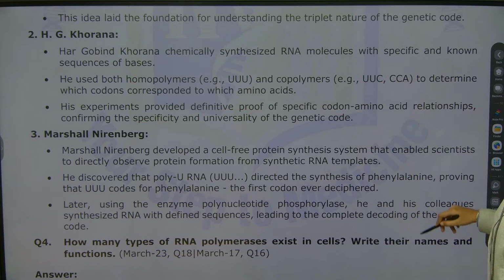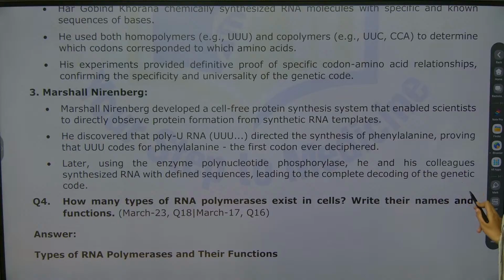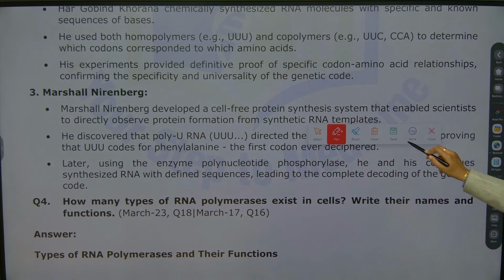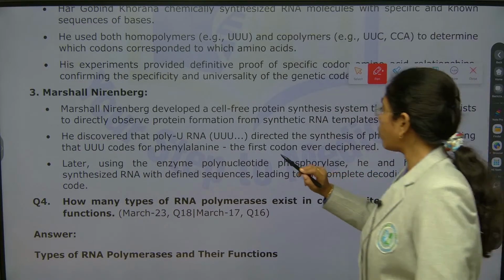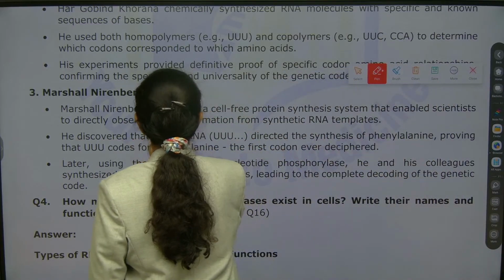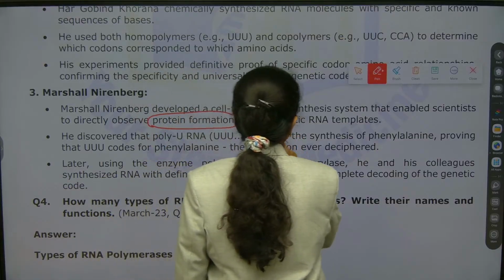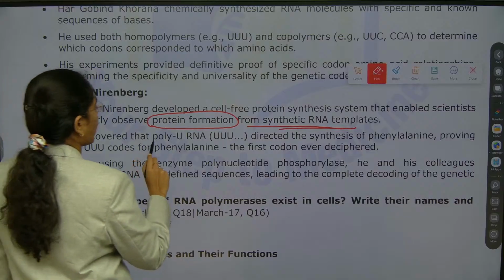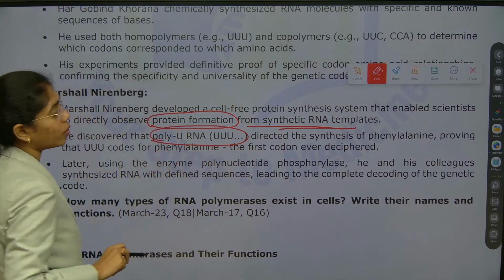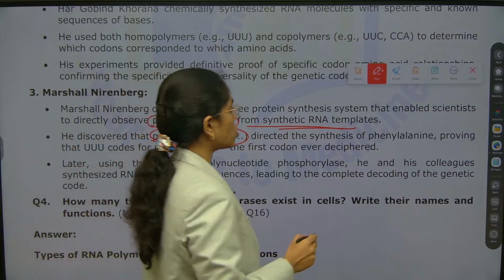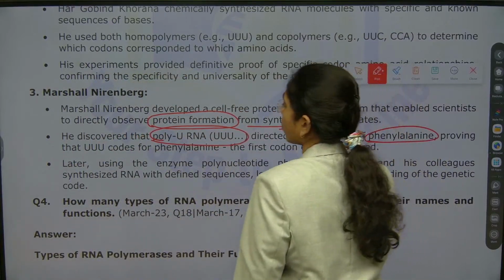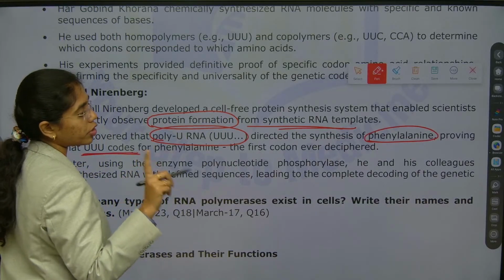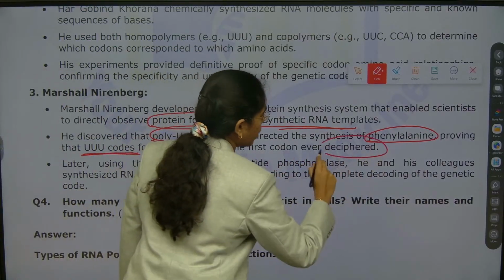Next, it is the scientist Marshall Nirenberg who developed cell-free synthesis system. This enabled him to directly observe protein formation from synthetic RNA template. He discovered poly-U RNA, polyuracil chain, directed the synthesis of phenylalanine, providing UUU codes for phenylalanine, the first codon ever deciphered.